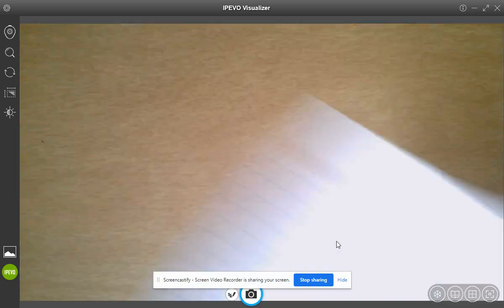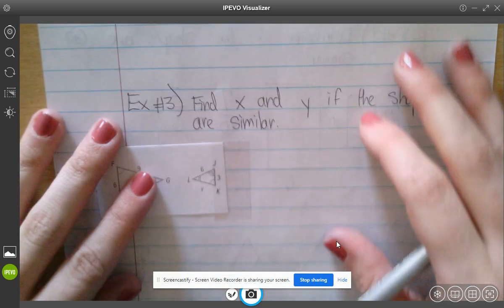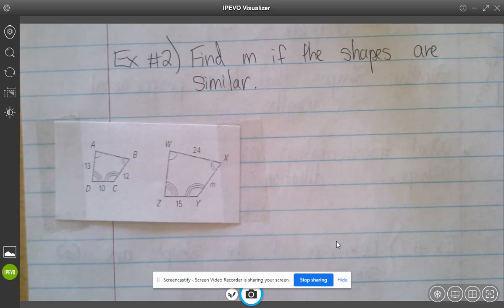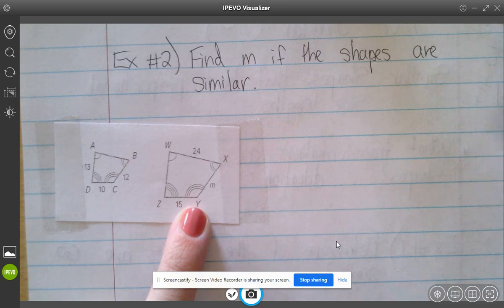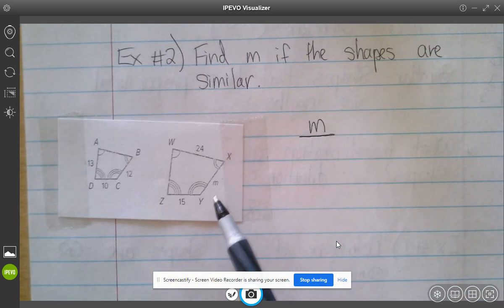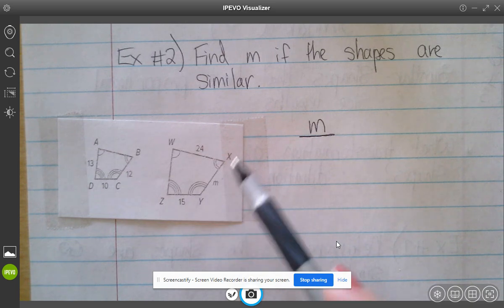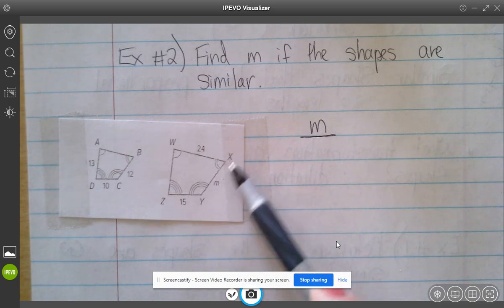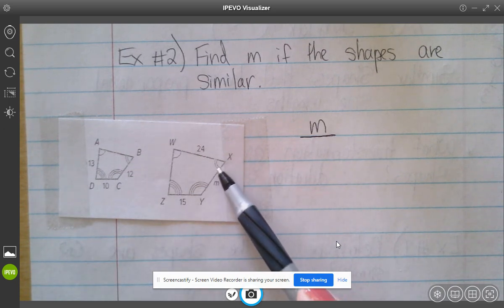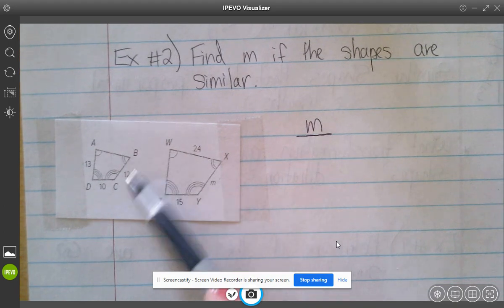Okay, now we're kind of doing a flip of this. Example 2, find M if the shapes are similar. So we look at M. I always put my variable on top, whether it's on the smaller shape or not, just the way I do it. You could do it a whole bunch of different ways. So M is this side length right here. What's my corresponding side to M on this shape? Well, M is in between 2 arc marks, and so it would be 12.